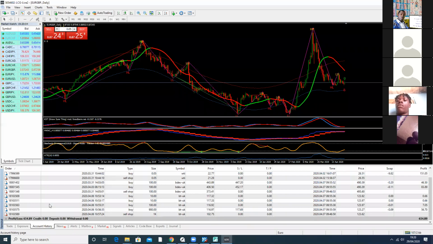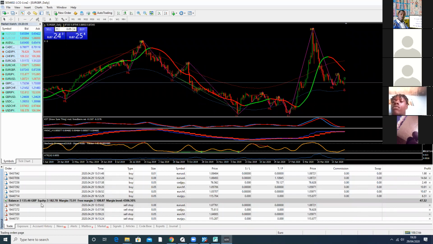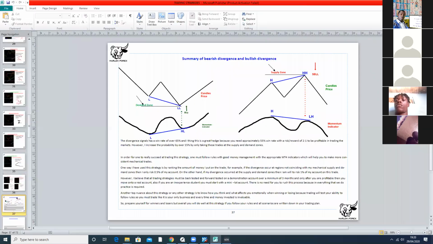You can see that. It's just a straightforward process because I know what I'm doing. I've been doing this for a while. All it requires is for one to be disciplined, to understand what they're doing, and just to follow through.